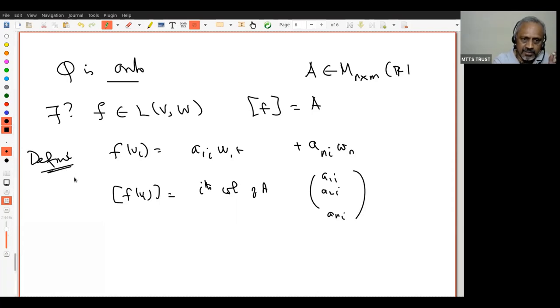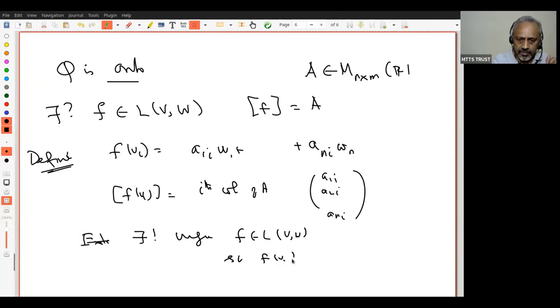You understand this? I have to find a linear map f. I am going to define its action only on the basic vectors. Okay, are you following? So f of vi equal to this. Then extend this. Then there exists, we know, a unique linear map f in L of V, W, so that f of vi equals a1i w1 plus and so on up to ani wn.